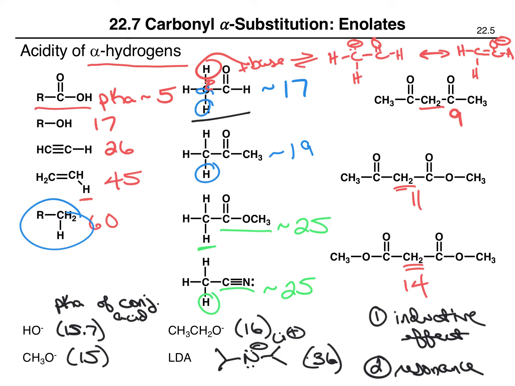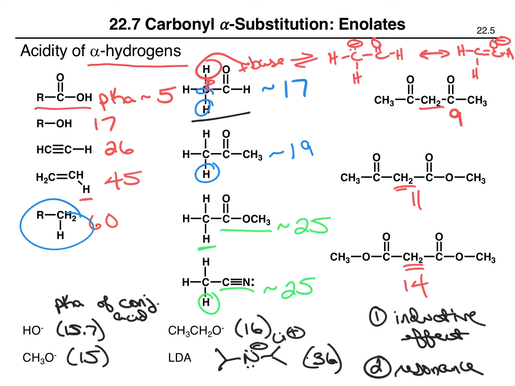But here, although we can draw these electrons sitting on this carbon, we need to remember that this does not exist, and what actually exists is a hybrid where these electrons are spread out between the carbon-carbon and oxygen, and therefore the negative charge is spread out between this carbon and this oxygen, which stabilizes the conjugate base, which therefore makes the acid more acidic.